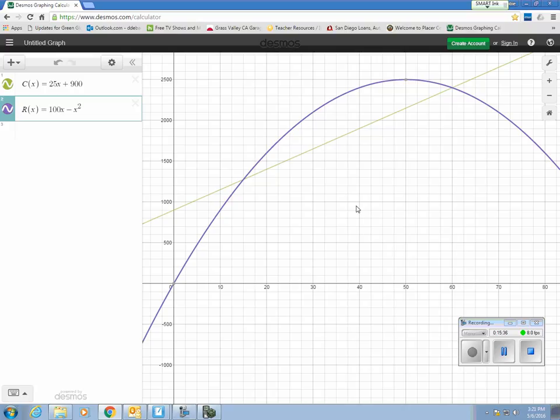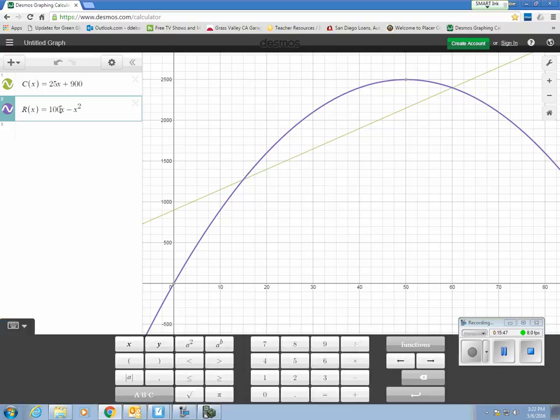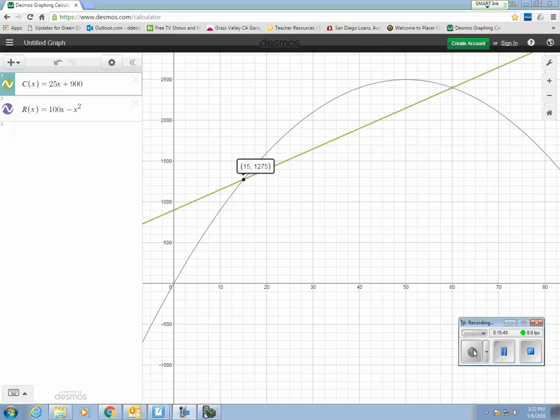And so where my two parabolas intersect tells me that when I produce 15 bicycles, my cost, my linear function, the green line, and my parabola, the purple function, have the same revenue as they have cost, $1,275.